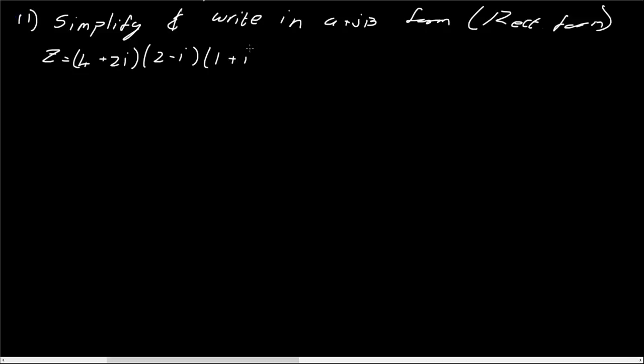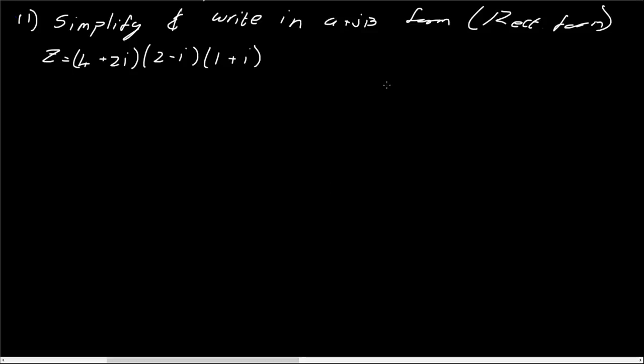Again, multiplication is much easier to do in polar form, but the conversion to polar form, if you don't have a calculator that can do it, is going to take a while. So in that case, it's easier just to multiply it out using the FOIL rule. So it's really up to you. If you get the right calculator, this is going to be much easier.